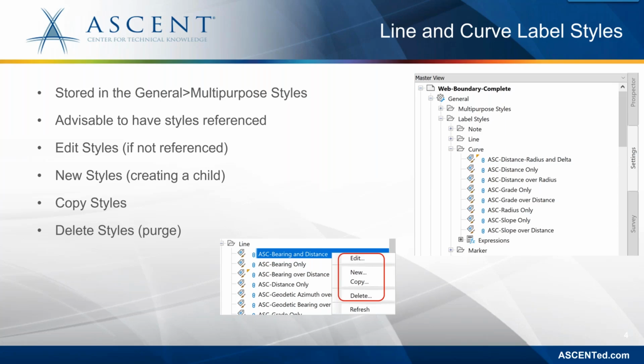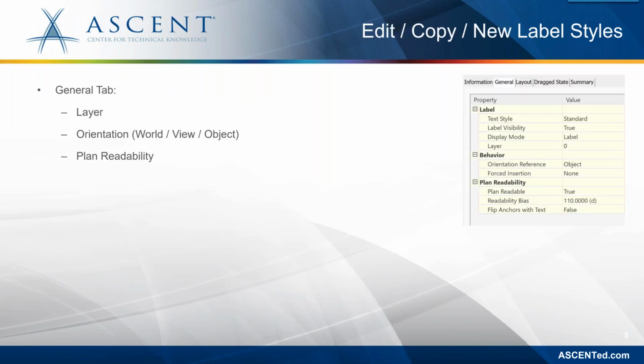The child will take on all the aspects of the parent, but then it can have its own idiosyncrasies, kind of like regular families. Then we can create copies of the style, and that will become independent of the existing style, or we can delete the styles, which is, in other words, purging the style.